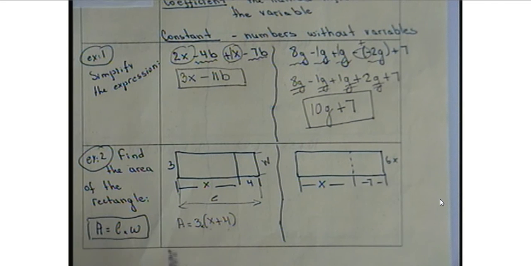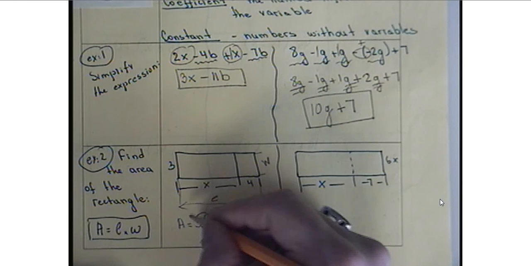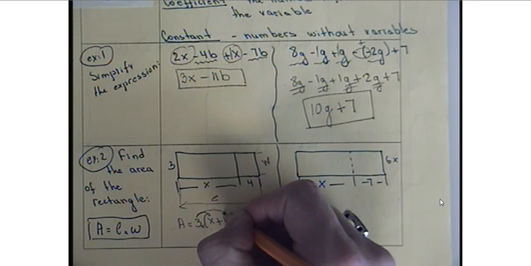So the area will be equal to 3 times x plus 4. Distributive property, to remind you because we need to simplify that, is we will multiply 3 times x and then we will multiply 3 times 4. Do you remember now? Distributive property, when you distribute the number outside to each one of the terms inside the parentheses.